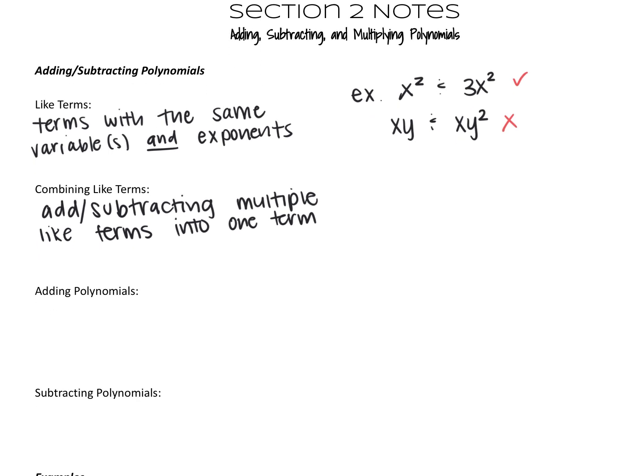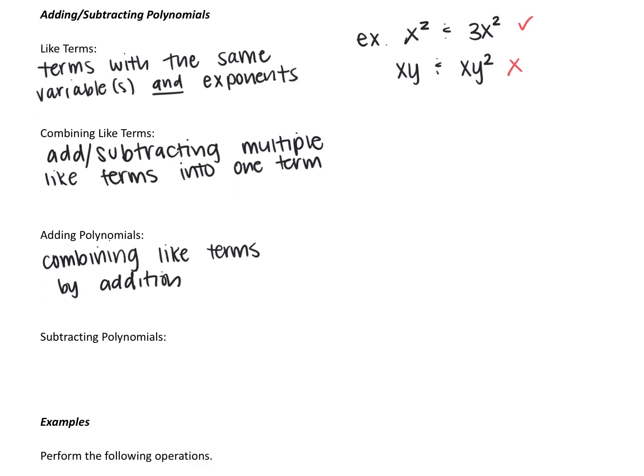That means adding polynomials is combining like terms by addition, and subtracting polynomials is combining like terms by subtraction.